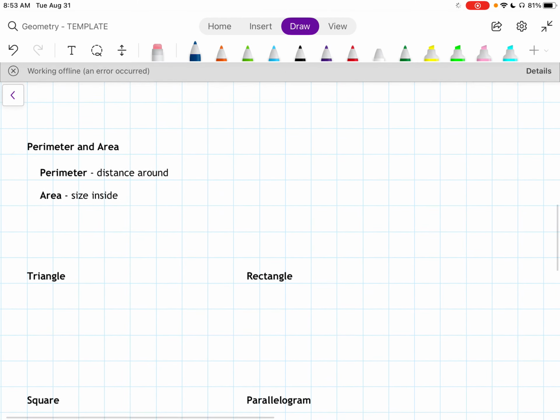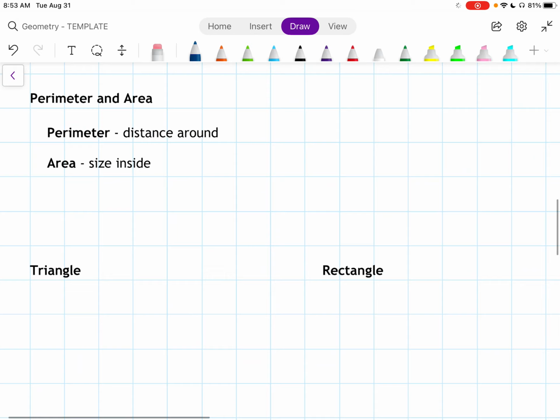Perimeter and area. Hopefully remember these words, but perimeter is the distance around the object. Area, there's other ways to say it, but it's the size inside. It's how large of a footprint it has, right? Perimeter would be measured in plain old units, whereas area is units squared.